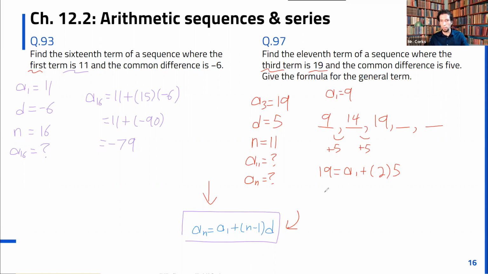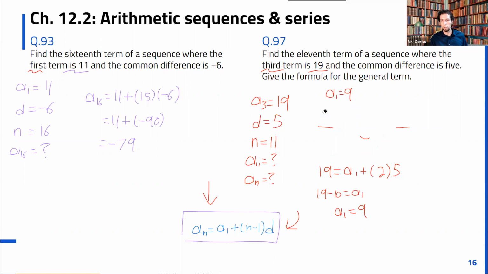If we work this out, it would be 19 minus 10 equals A1. 19 minus 5 two times. It's the exact same thing. We can do it with the formula, or we can think our way through it by writing out the numbers, but it's the exact same math. So this also gives us A1 is equal to 9.